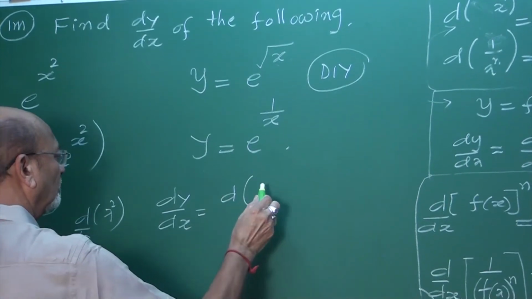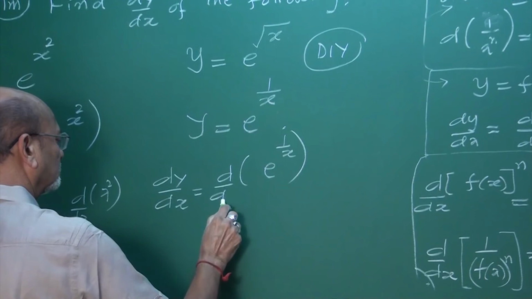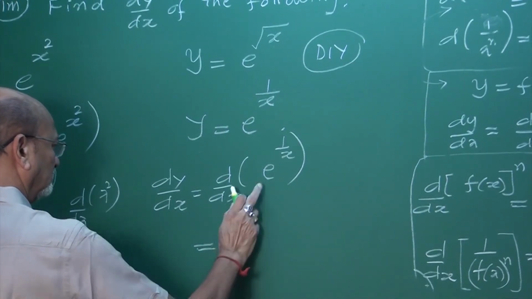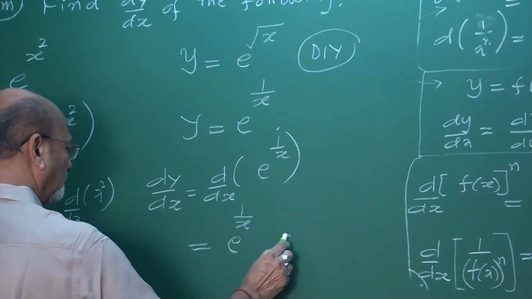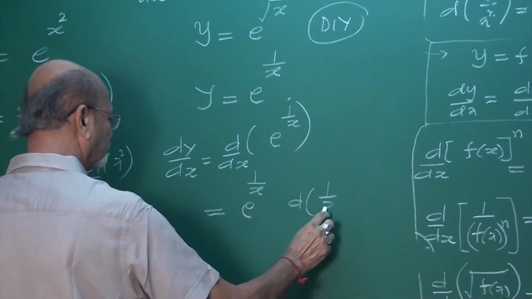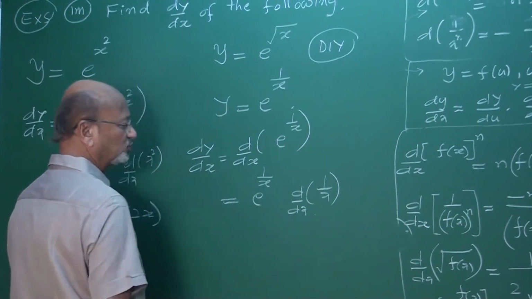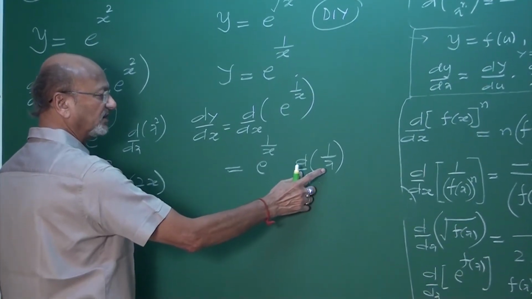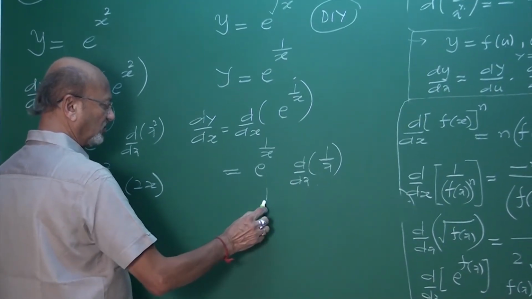It is derivative of e to the power 1 by x with respect to x. Derivative of e to the power f into derivative of 1 by x with respect to x. Sometimes the students will make mistakes in writing its derivative.